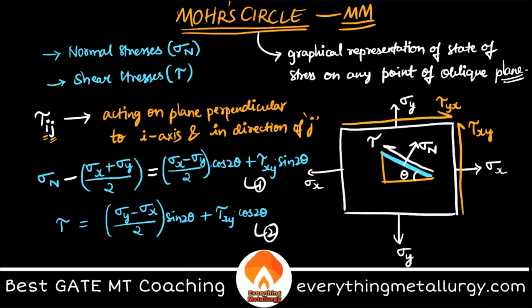Now, what you have to carefully observe is that you have two equations, 1 and 2. If you do 1 square plus 2 square, you will get an equation in the form of a circle. That circle actually has the sigma values, tau values, and all. So what will it look like?